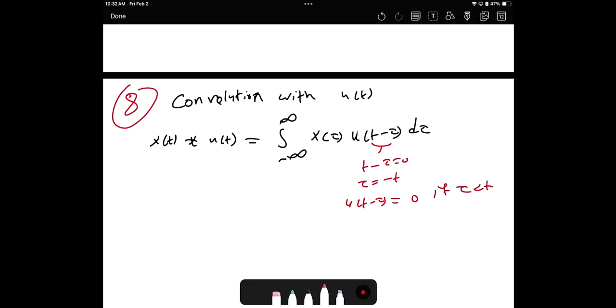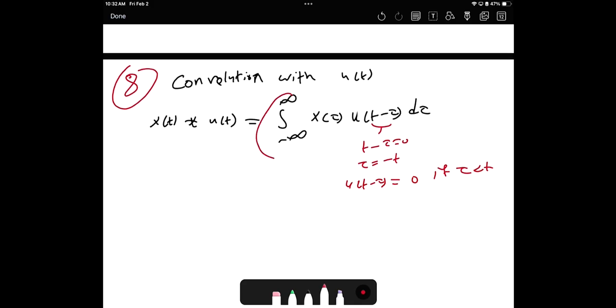Now we can do the integration. This integral, we can split into the integral from negative infinity to t plus the integral from t to infinity.